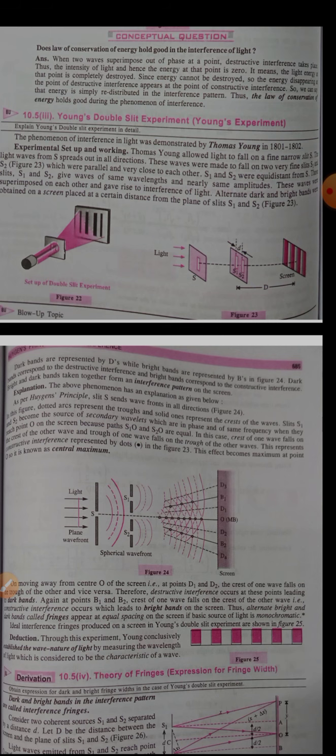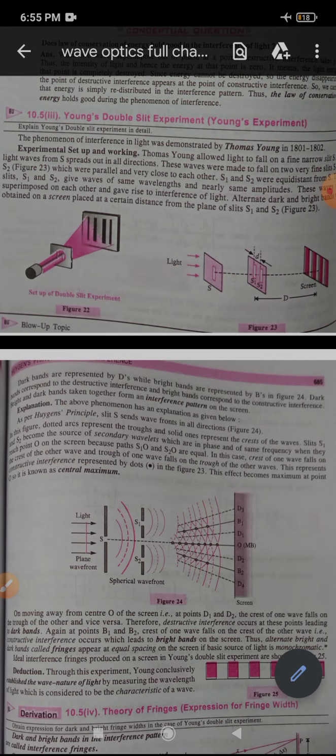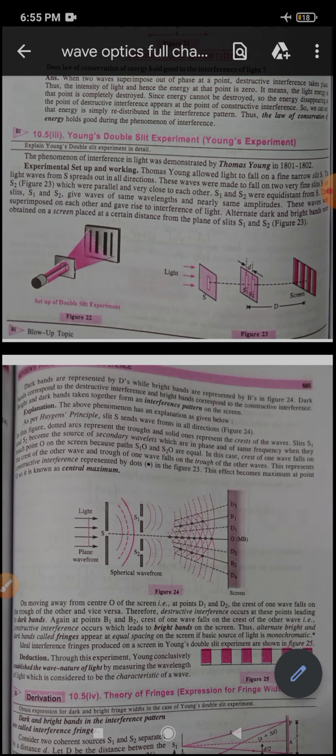Thomas Young allowed light to fall on a fine narrow slit S. The light waves from S spread out in all directions. After coming through that slit, the light spreads out in all directions.